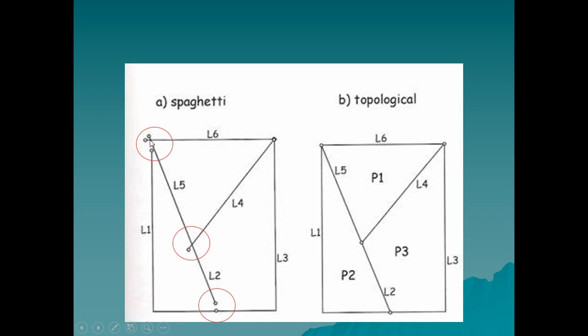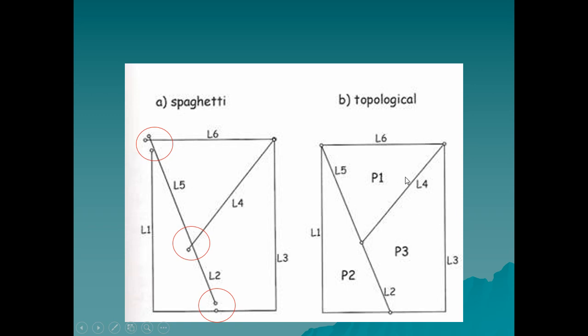We see gaps in lines where the points should have connected to close the polygon. Here we have what we call an overshoot. Here is another gap. Remember what we said, where the lines are not closed, it is not a polygon. These are some errors in the data, but because it's represented as a spaghetti data model, there is no inherent spatial relationship.